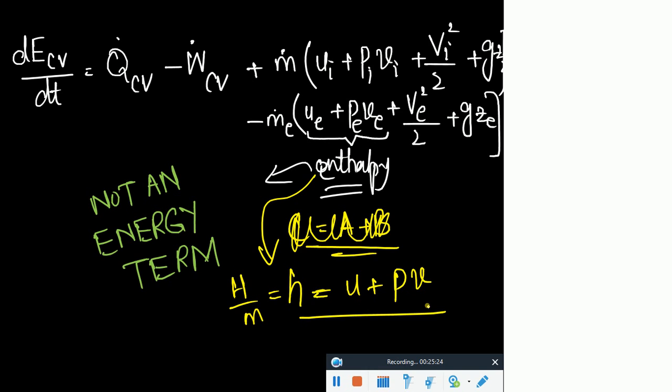Now gentlemen, if we have more than one inlet and more than one outlet, what would you do?